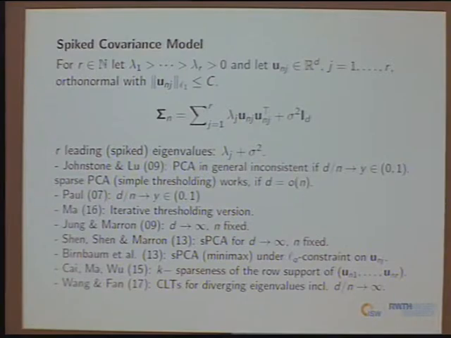For example, in this work, we need sparseness of the row support. And there's also a more recent result, which also does asymptotic theory in the sense of CLTs, allowing for diverging eigenvalues. And Lajos also has a quite new result in this direction, looking at theory for an eigenvalue.